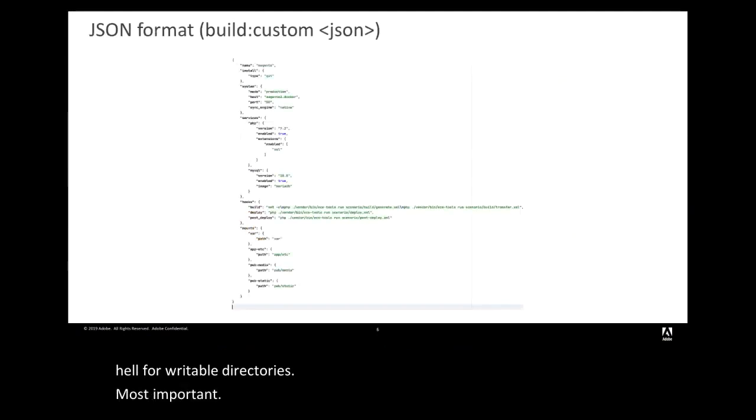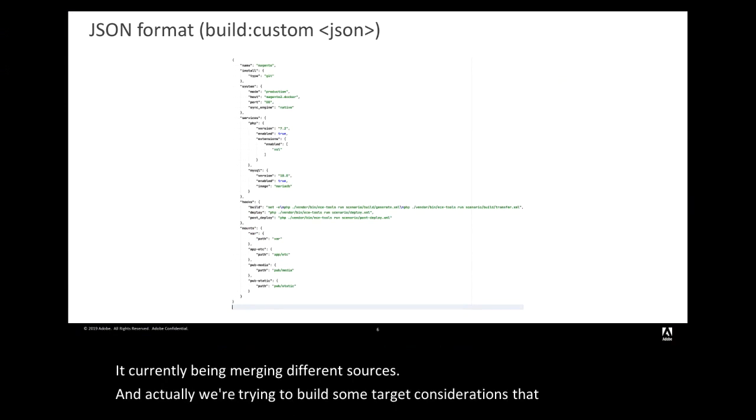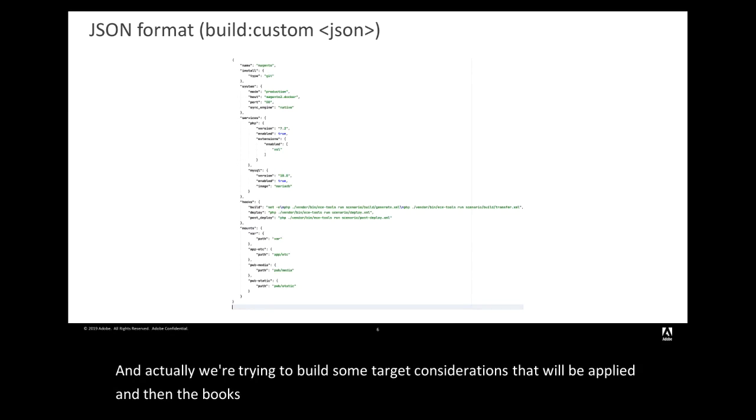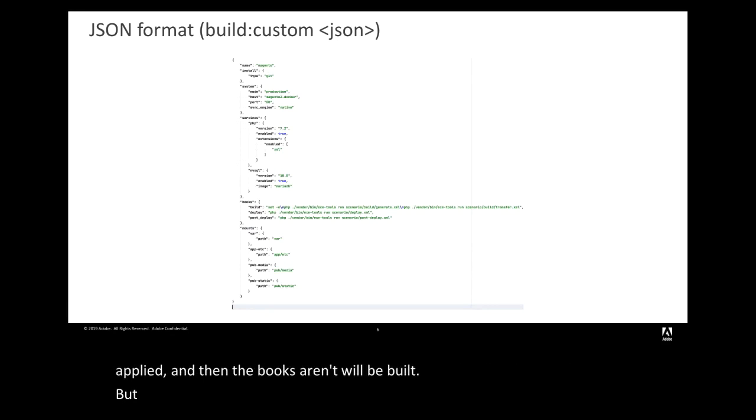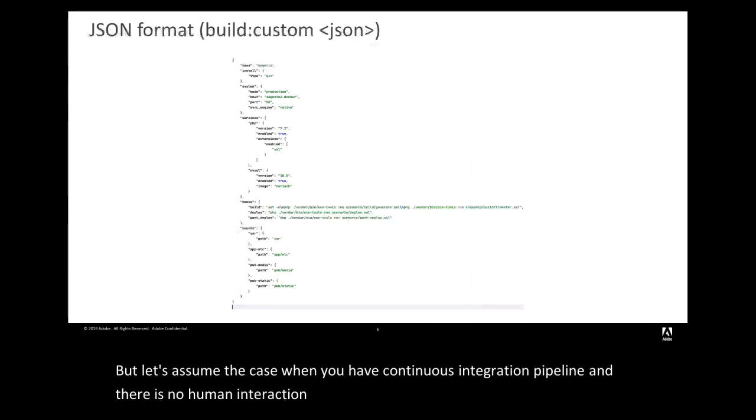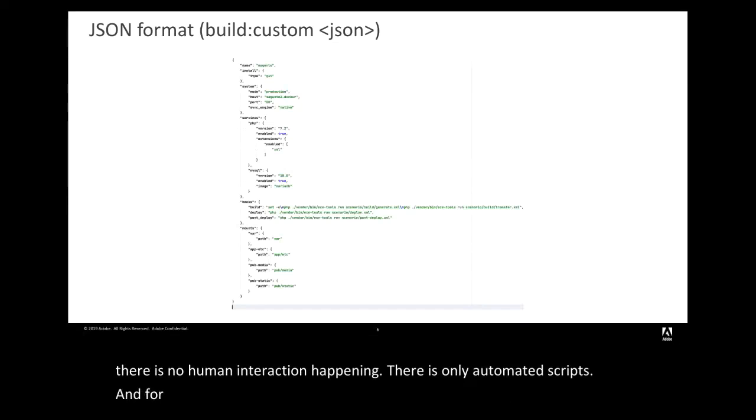Another interesting thing is, as I said, that currently we are merging different sources, and we are trying to build target configurations that will be applied and the environment will be built. But let's assume the case when you have a continuous integration pipeline and there is no human interaction happening. There are only automated scripts, and for this we added a new command called build custom.